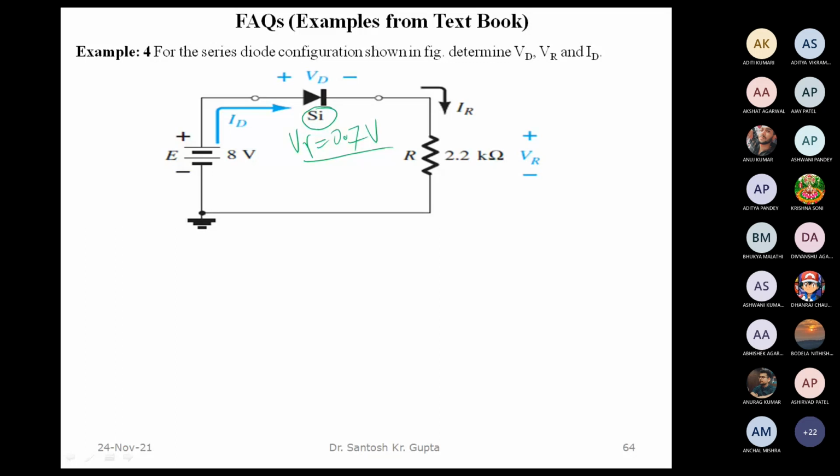So we can replace the silicon diode with this potential barrier and an ideal diode. In place of the silicon diode, we can assume that this ideal diode along with this voltage source is present. This voltage source is very important to understand.